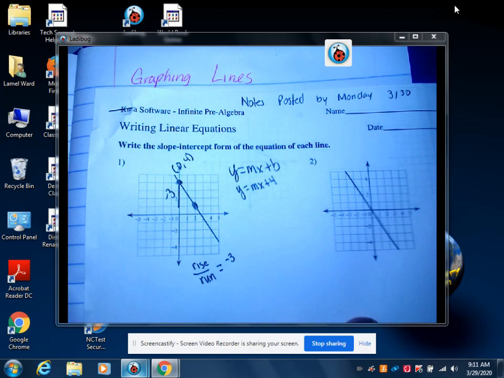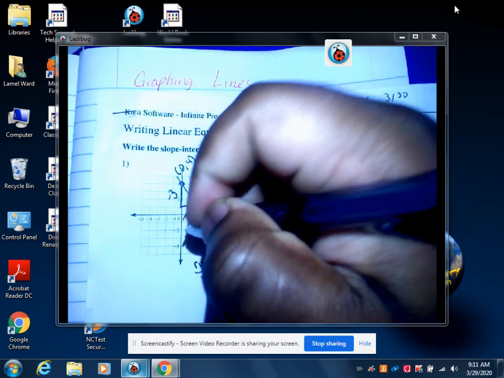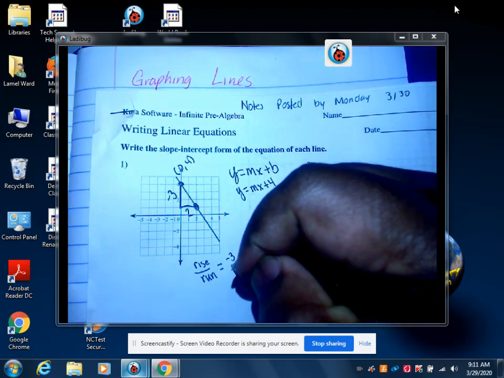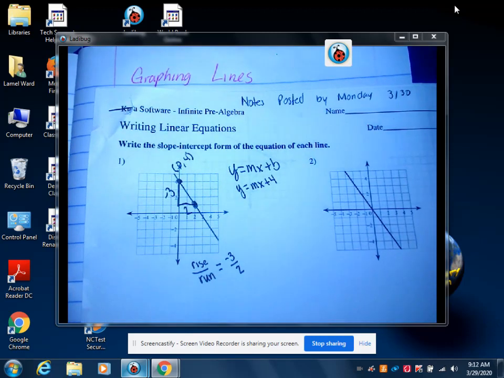Then we count our run, which is 1, 2. It's going to the right, so that's positive. So our rise over run, or our slope, is -3 over 2. Since we have our slope, or our m, we plug that in for m.